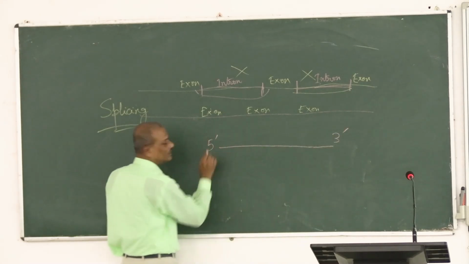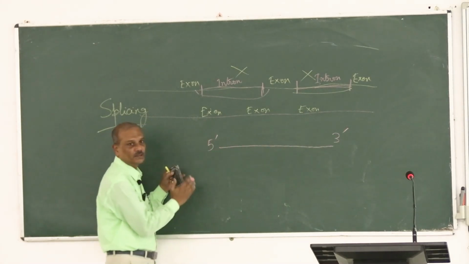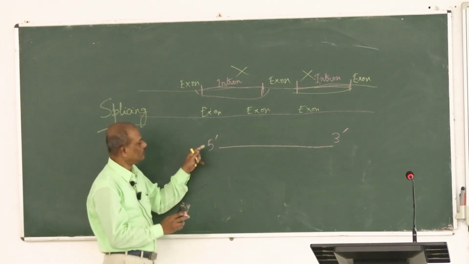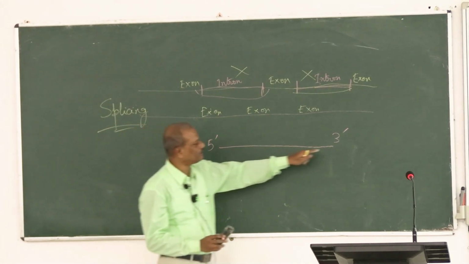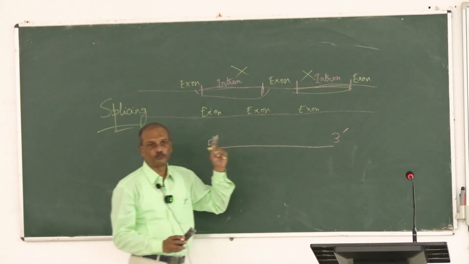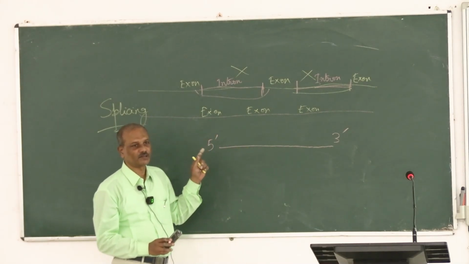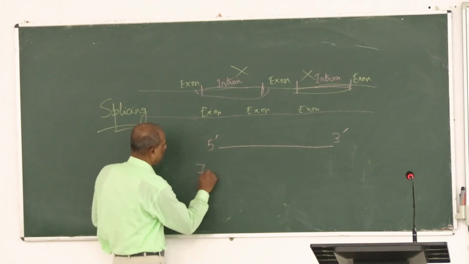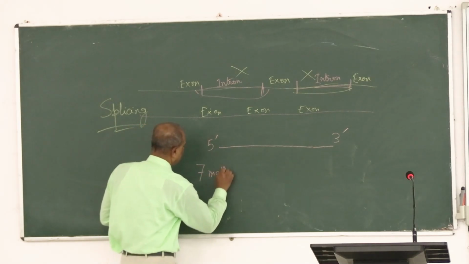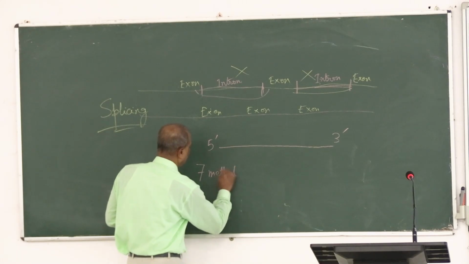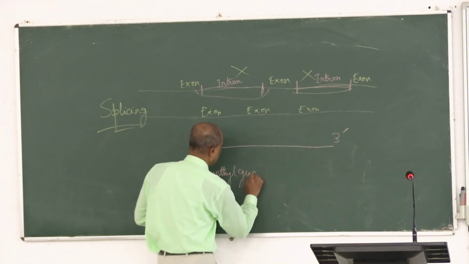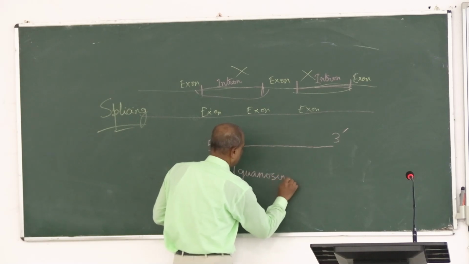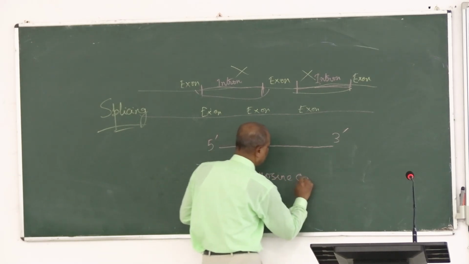So this part is subjected to exonuclease activity, degradation, both 5' exonuclease and 3' exonuclease. So to prevent this attack by the 5' exonuclease, 7-methyl guanosine capping is done.